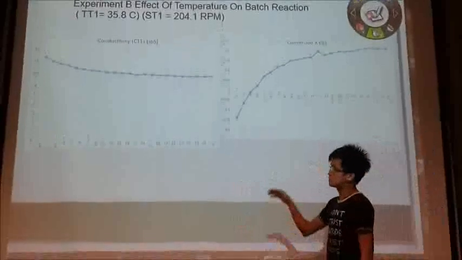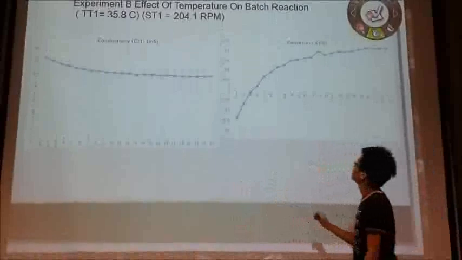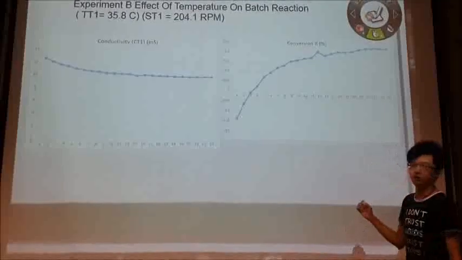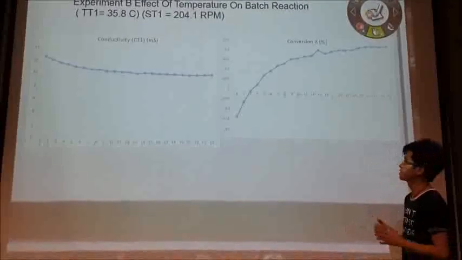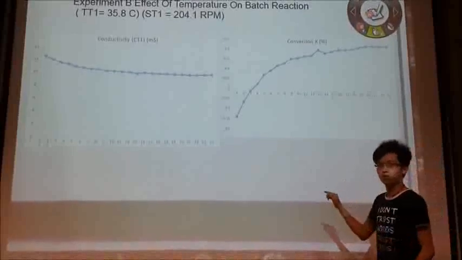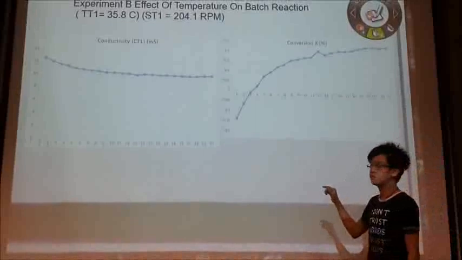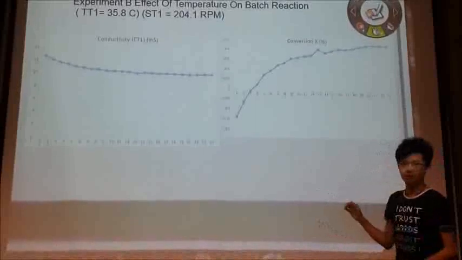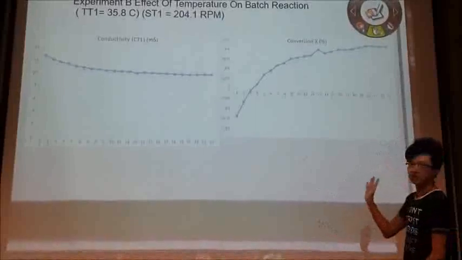The conductivity decreases with time, and still the conversion increases with time, but the difference is that the conversion started from a negative value here, and it takes a shorter time to achieve the steady state.